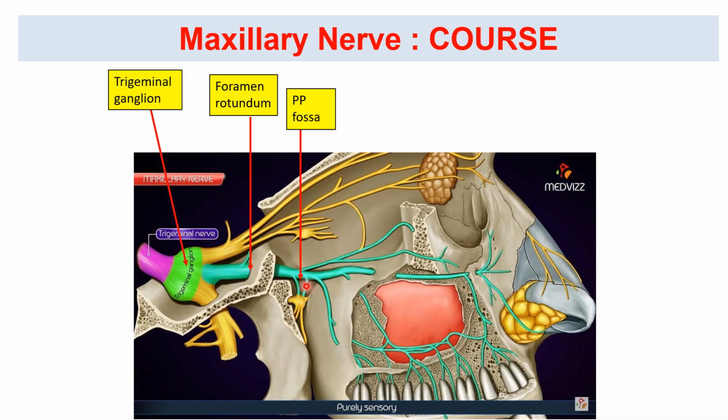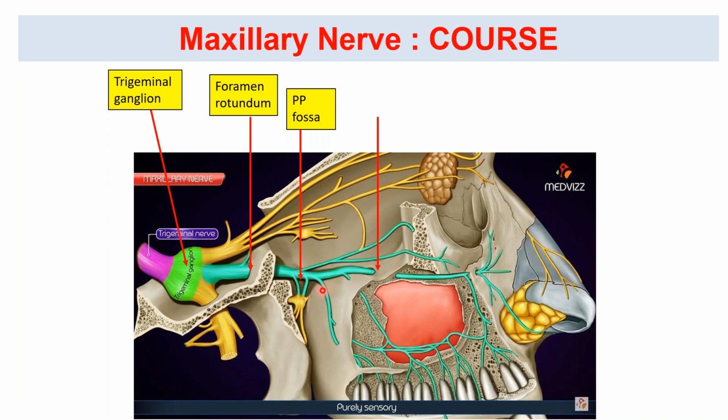You can see there are two ganglionic branches through which it is connected to the pterygopalatine ganglion. So these are the two ganglionic branches of the maxillary nerve, which connect it to the pterygopalatine ganglion, which is also situated in the pterygopalatine fossa.